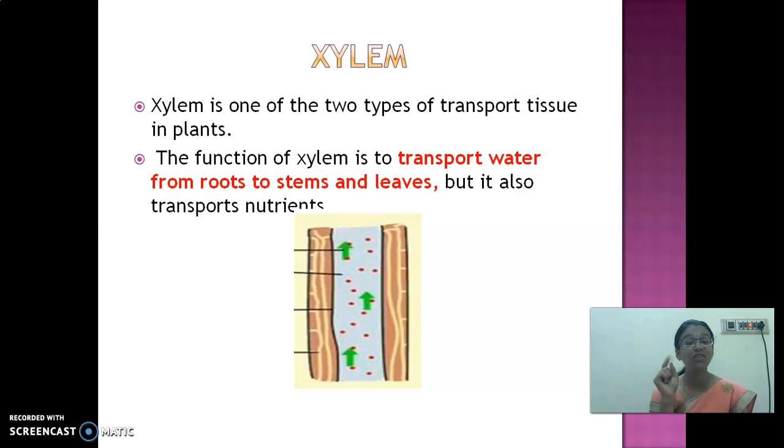Not only water, xylem helps in the transportation of water and nutrients from roots to stem and leaf. Look here. This upward direction denotes the transportation of water and nutrients from the root to stem and leaf.